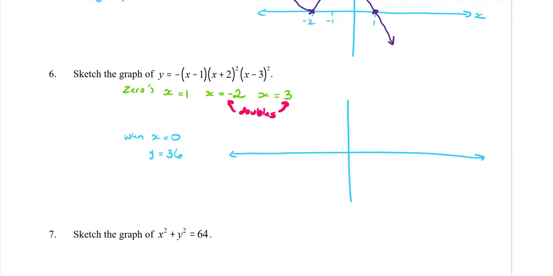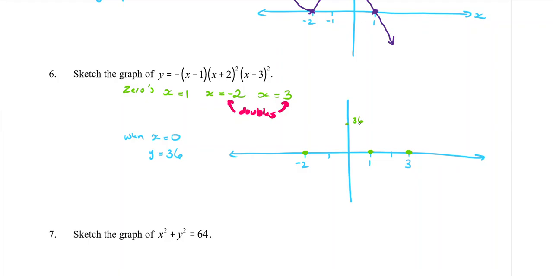Okay, at minus 2, then 1, then 3. They're the zeros. There, and there. The y-intercept was at 36, and there's nowhere near going to be to scale, but that will be somewhere up here, 36.